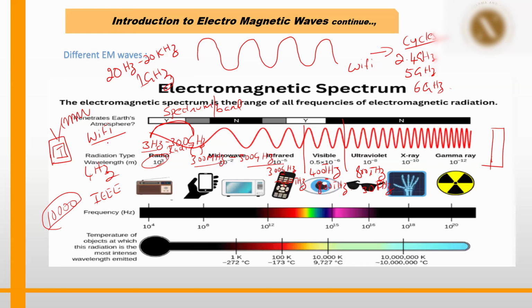We will learn this in attenuation. The reason I brought this up is, when a wave is traveling, the maximum attenuation will happen when it meets water bodies. You will learn that in the attenuation section.